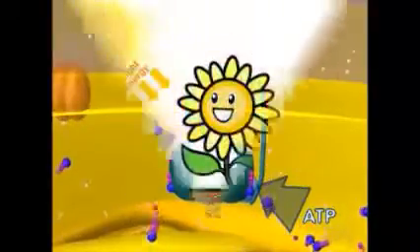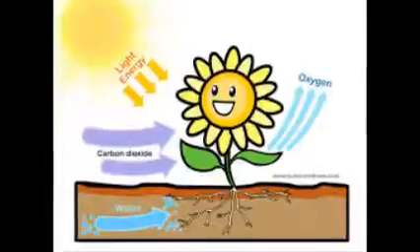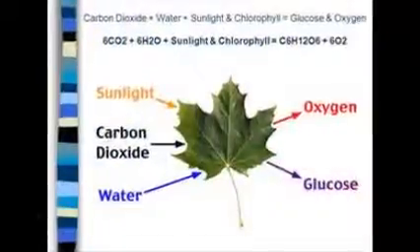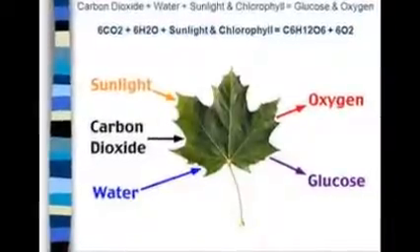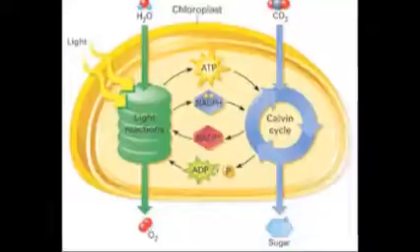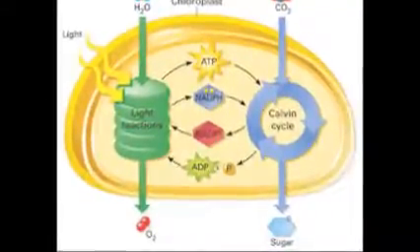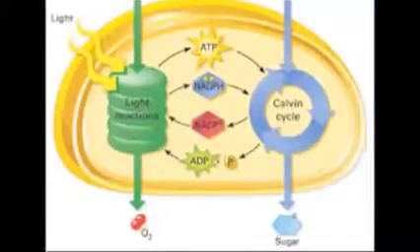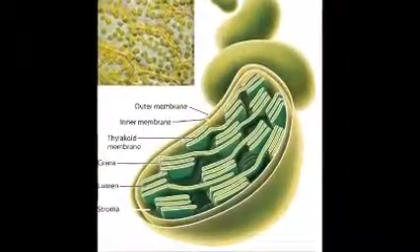Welcome to photosynthesis. Photosynthesis is the process by which plants use sunlight, carbon dioxide, and water to produce glucose and oxygen. The 2 main phases of photosynthesis are the light reaction and the Calvin cycle.